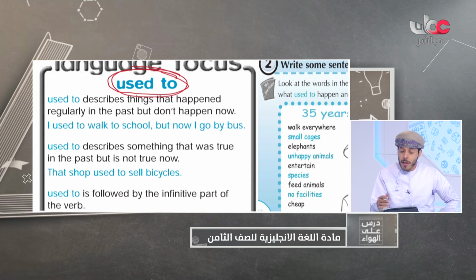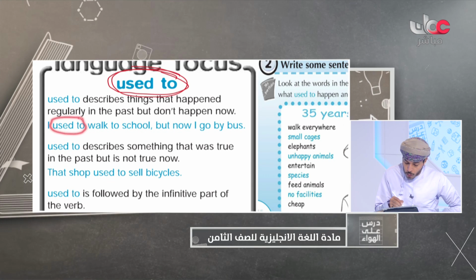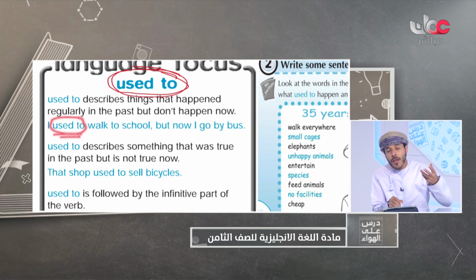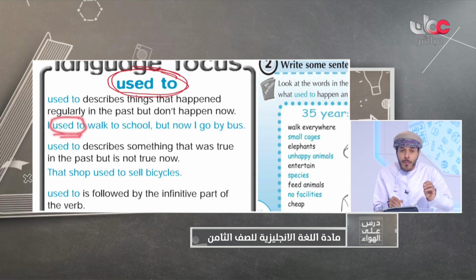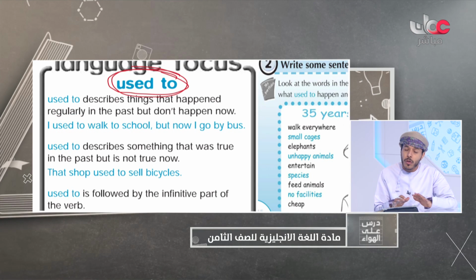And the same thing, I used to go by bus, but now I go by car or private car, for example. Can you see the point? So used to is used to tell the listener about something that you used to do in the past, but now you don't do the same thing. Good?